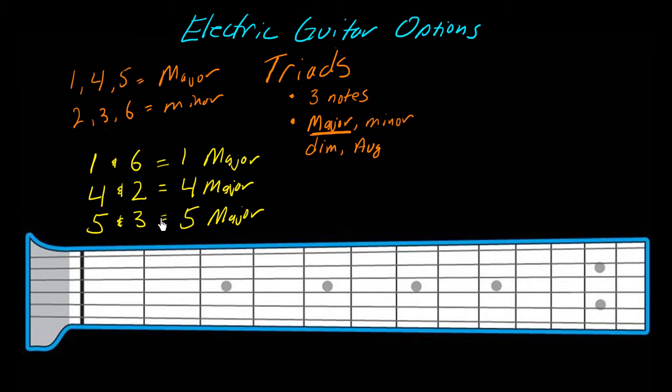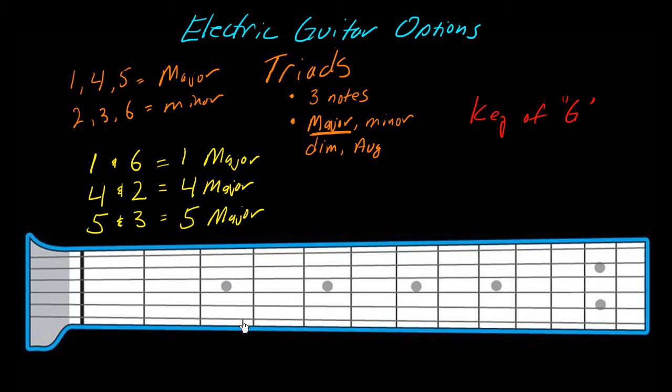Okay? So now here's what those triad patterns will look like on the guitar. So for the number 1 triad, it will look like this. We're still in the key of G. So you remember 1, 2, 3, 4, 5, 6, 7, 1.